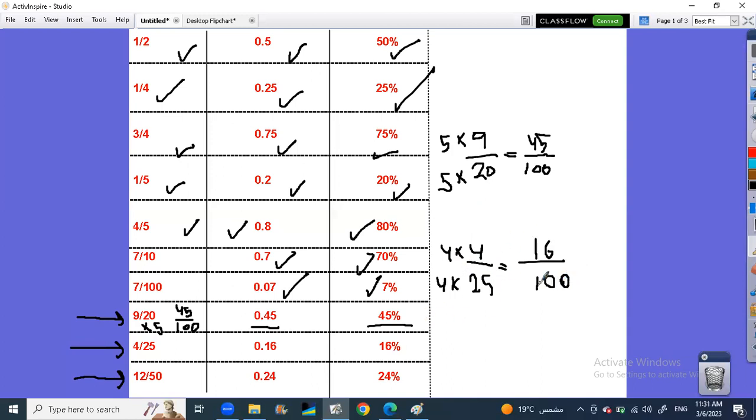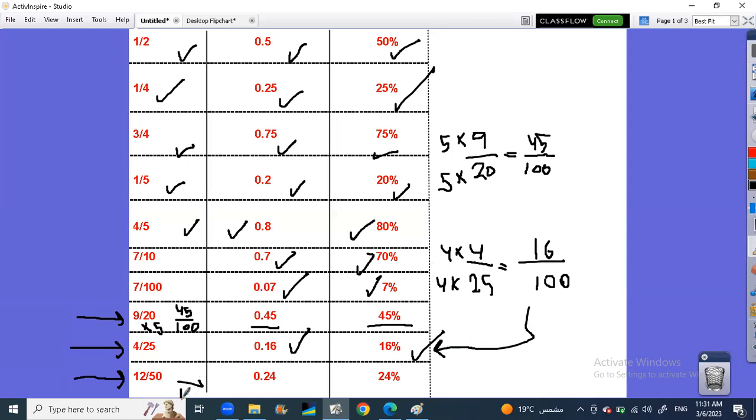All right, now it has become 16 over 100, which is 0.16 as a decimal, or 16% as a percentage. All right, the last thing over here on this table is 12 over 50, and we know that 12 over 50 needs to be changed into over 100.